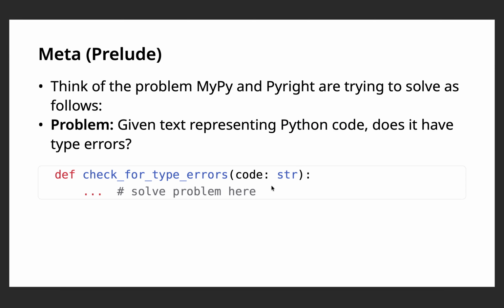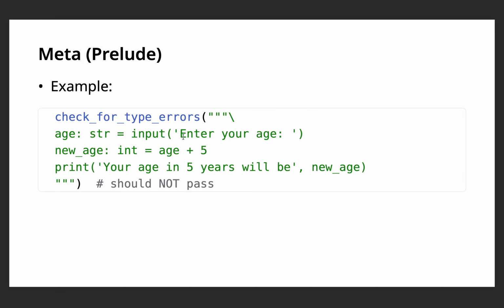So you can think of it as kind of a meta problem. Your input is a program itself, and you want to determine whether that program you get as input has type errors or not. Okay, so here's one example. This is a program inside your program. So we already know from a while ago that this should not pass type checking.